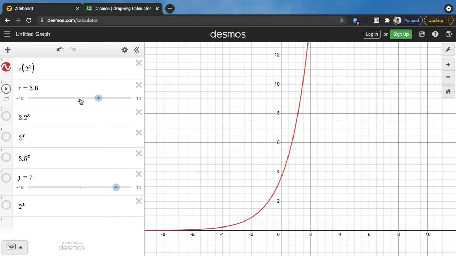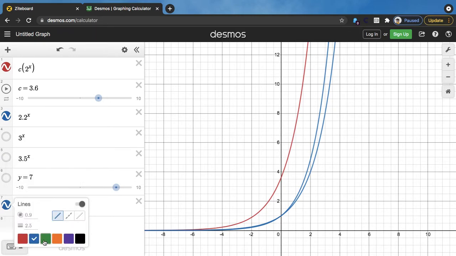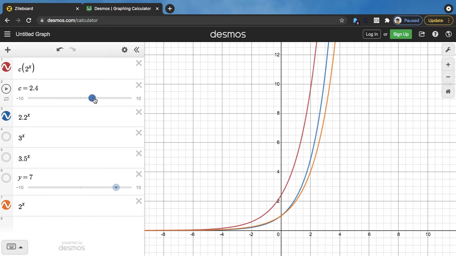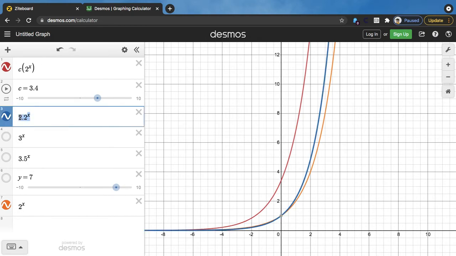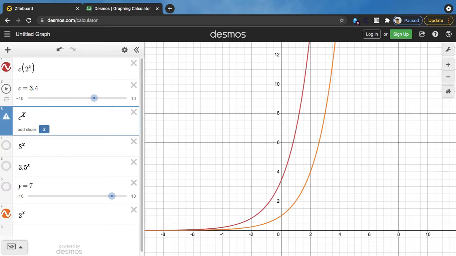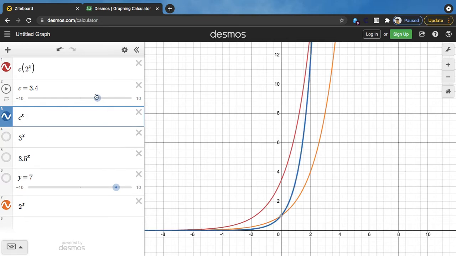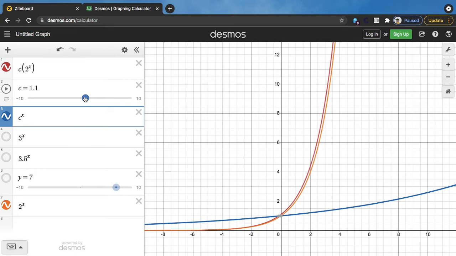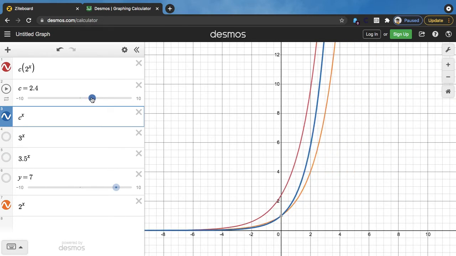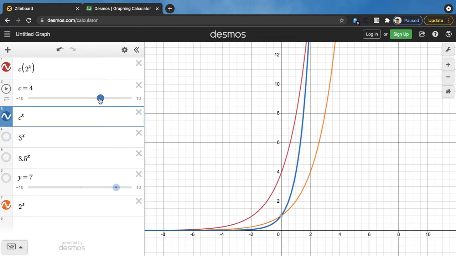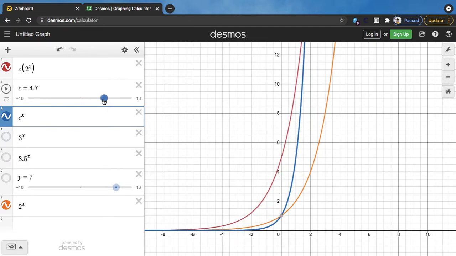Does it change the same way that it makes it steep with the change of base? Let's see. So I'm going to change c and so when I change c in the base as well as a multiple, both of them do similar things.